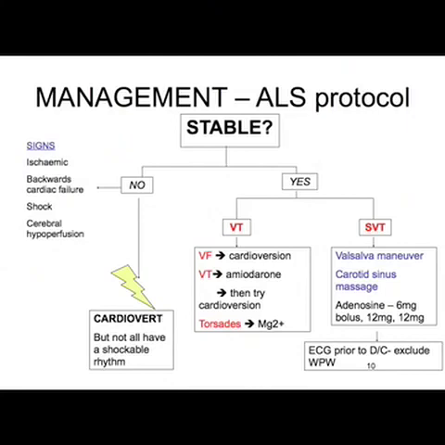This is usually given as 300 milligrams over around an hour, then 900 milligrams over the next 24 hours. If this fails, then this is appropriate to try DC cardioversion. Torsades, although really a type of VT-VF cross, is treated with magnesium sulfate and correction of any underlying cause.